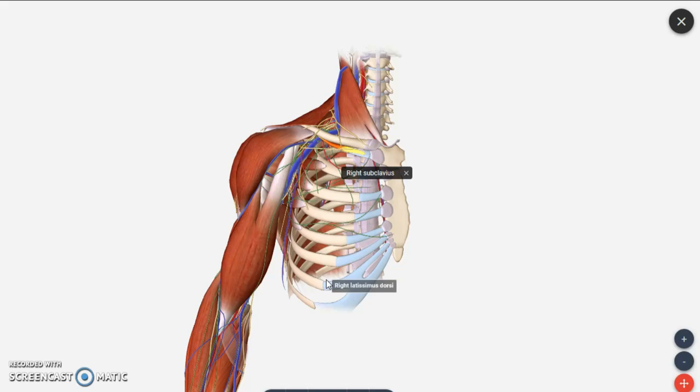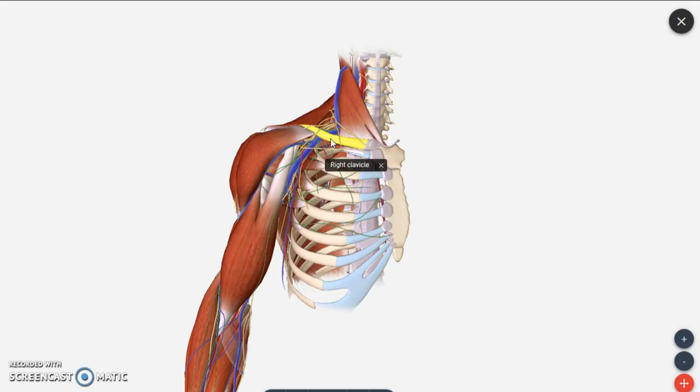Now, just to understand how it is oriented: the pectoral region in the upper limb has three muscles. One is pectoralis major, another is pectoralis minor, and the third muscle you are seeing here is the subclavius muscle. The bone related to this pectoral region is the clavicle. It is a very important bone and the first bone you are going to learn in anatomy.